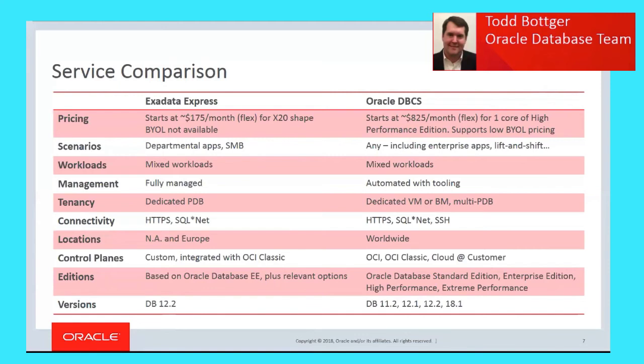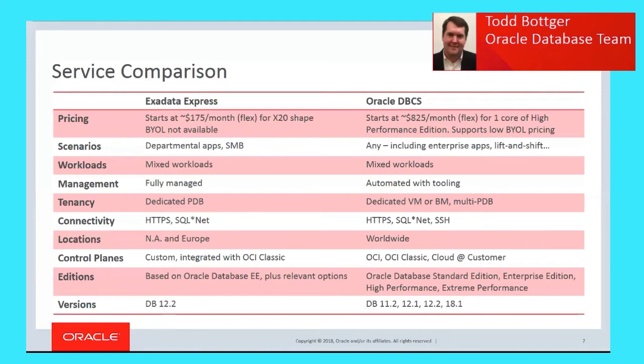With Oracle DBCS, the starting point's a little higher. An analogous shape that's running Enterprise Edition of the database with many of the EE options that are included, that would be something like our High Performance Edition package, and the flex price for that starts at about $825 per month for one core.